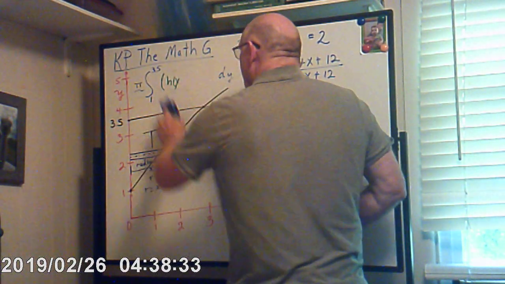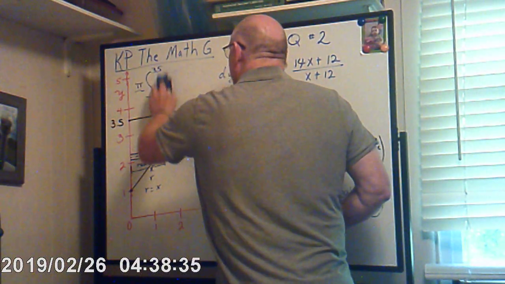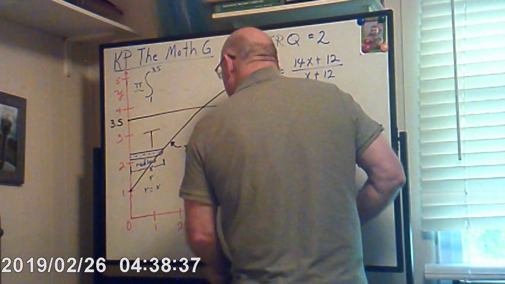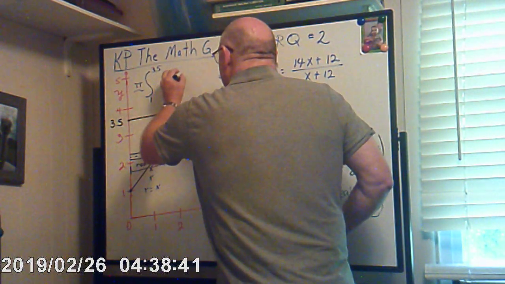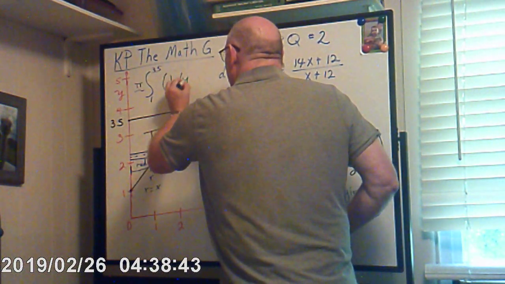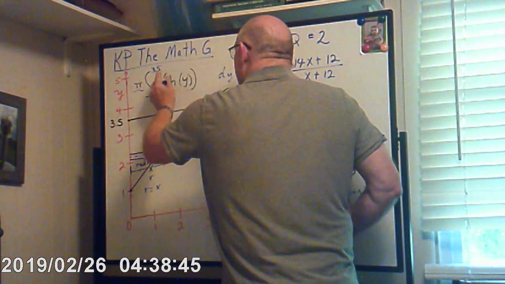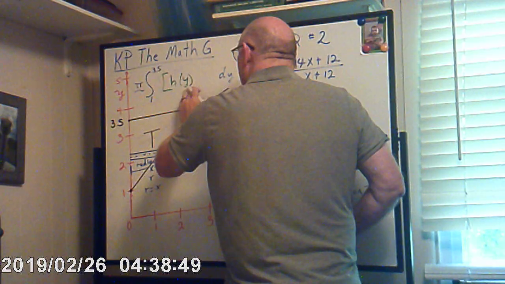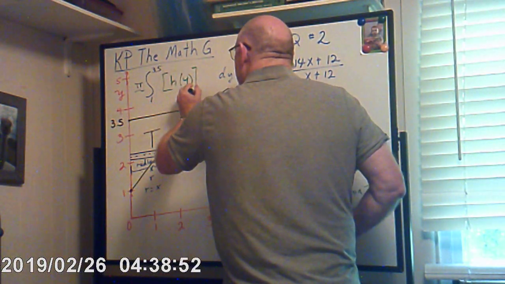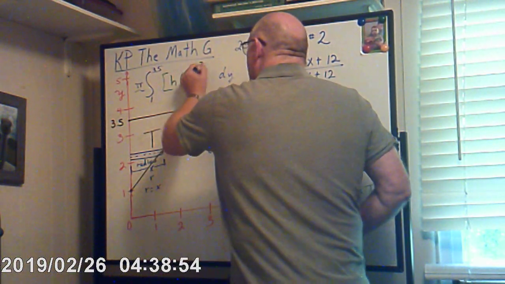I am so clumsy with writing, I tell you. Well, here we go. At least I know green shows up real good. H at y squared. If you want to put brackets around it like that, you can. And now make sure you square it.